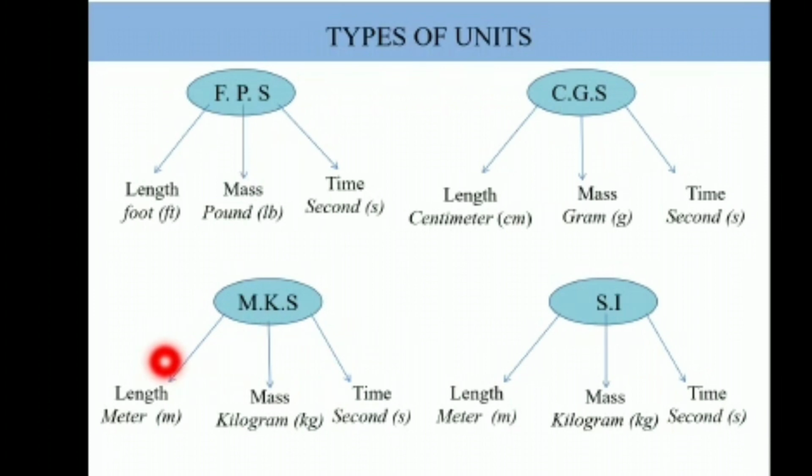But if I want to measure the length of a road, how far the distance is between my house and your house, then we cannot do it with the help of a scale. Using a scale, if we start measuring the distance between my house and your house, it will take us maybe a month, or a few weeks, to finish.